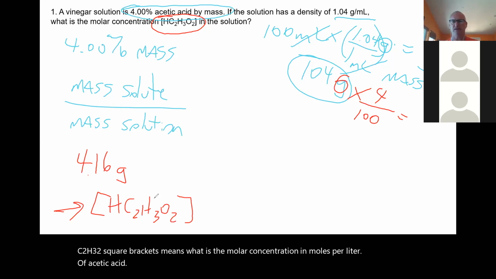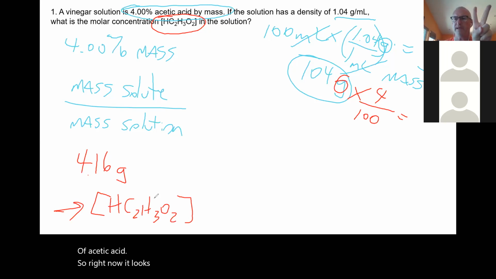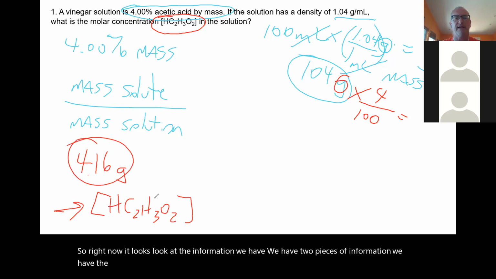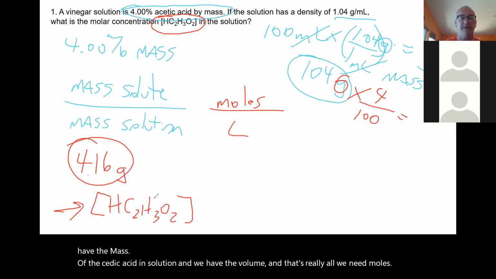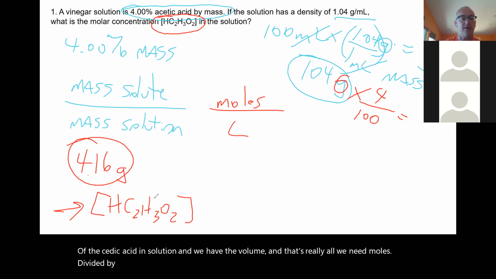So right now, let's look at the information we have. We have two pieces of information. We have the mass of the acetic acid in solution, and we have the volume. And that's really all we need. We need moles divided by liters. And so our amount is 4.16, and our volume is 100 mils.